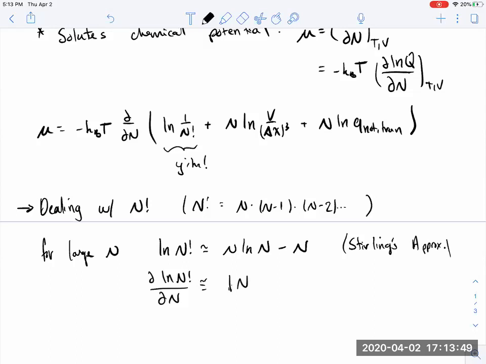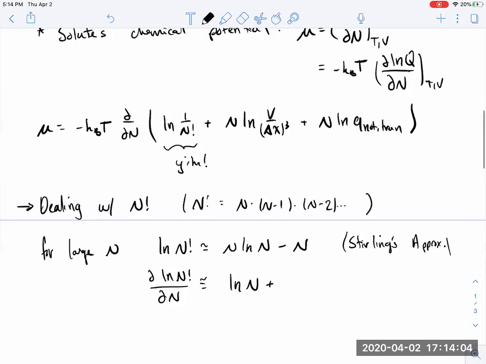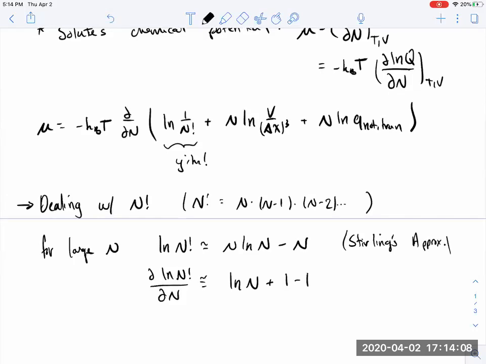Let's write that out again. So n log n by the chain rule gives me a log n plus n times the derivative of log n, which gives me 1. The derivative of minus n is minus 1, so those cancel, and I'm left with just log n.